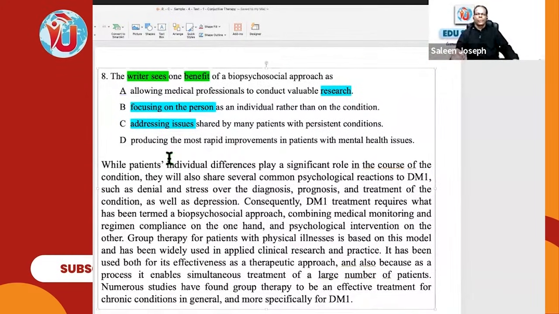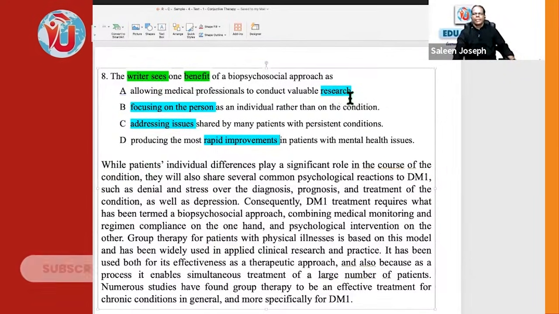Fourth one: producing the most rapid improvements in patients with mental health issues. Rapid improvements, exactly. You are all experts now. Okay, now we'll go to the text. We have to see whether it is speaking about research, or focusing on the person, or addressing some issues, or rapid improvements.